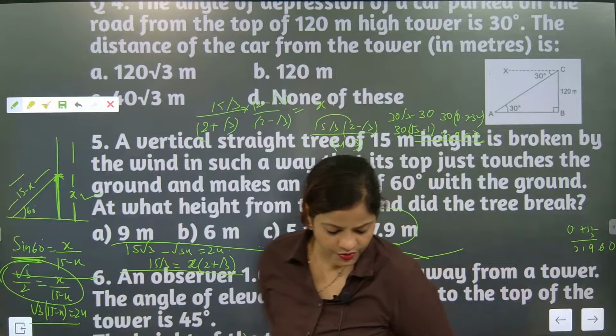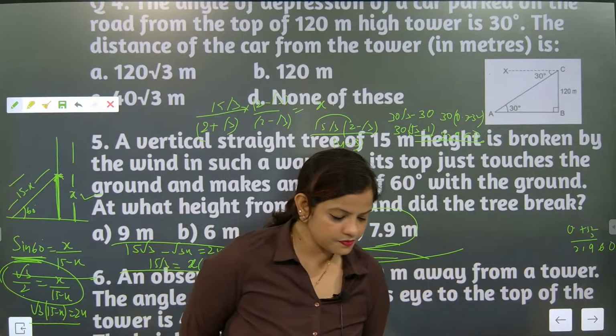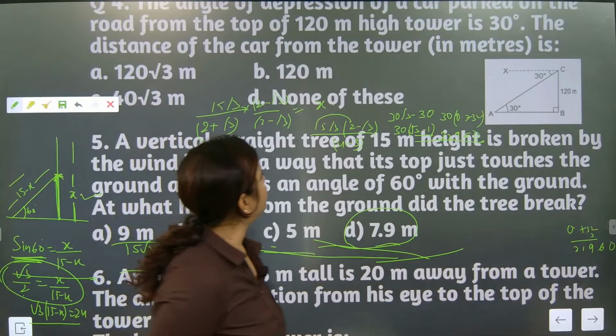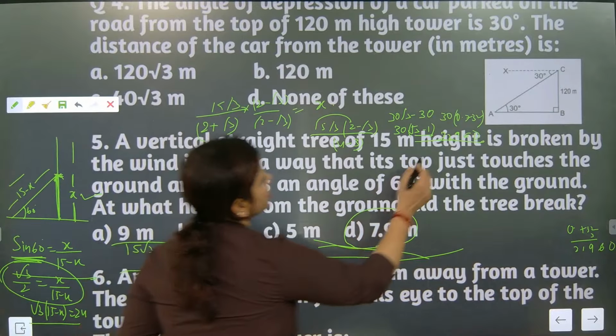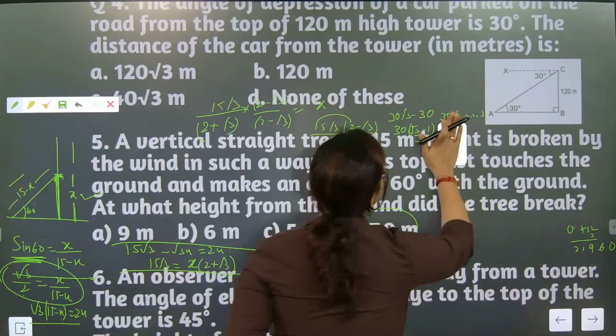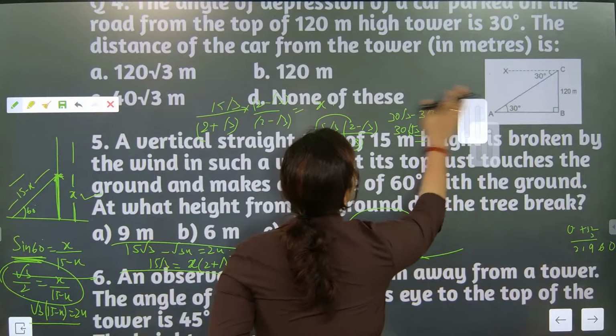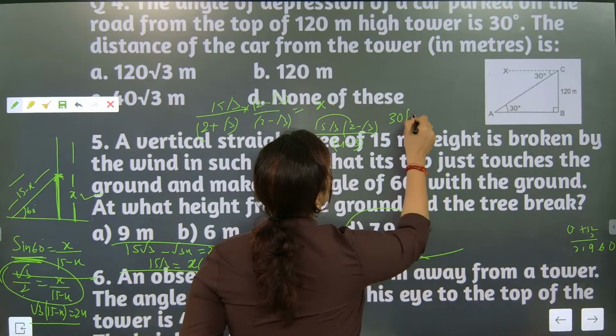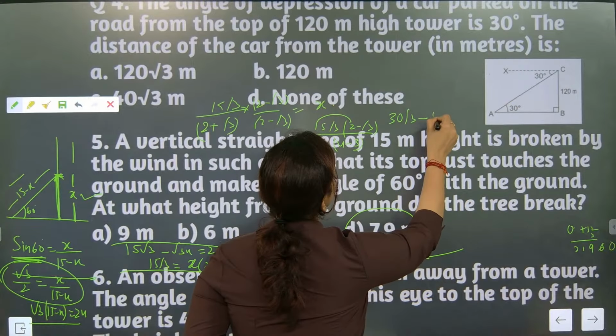Come on, note down this one. Here 15 3s are 45 is coming. Here this mistake I did. So 45 is there. So look here, calculation part is not there. 30 root 3 minus 15 3s are 45.